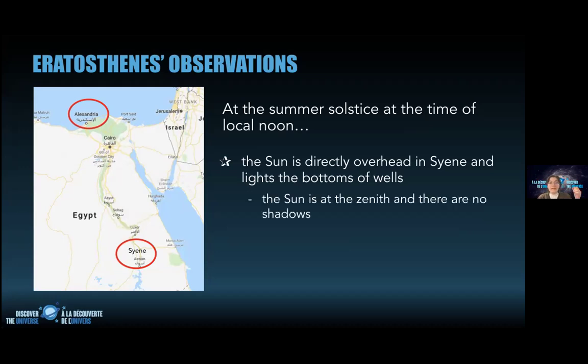But in Alexandria, objects that were completely vertical had a small shadow. So how could it be that in Syene, the light from the sun was going completely vertically down, but in Alexandria there were shadows on these vertical objects, meaning the sunlight wasn't perfectly vertical?